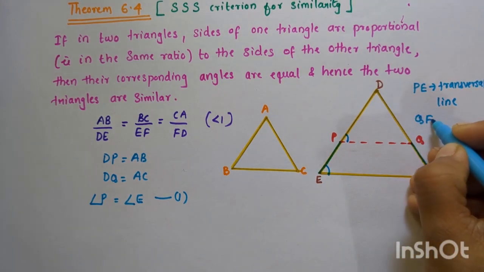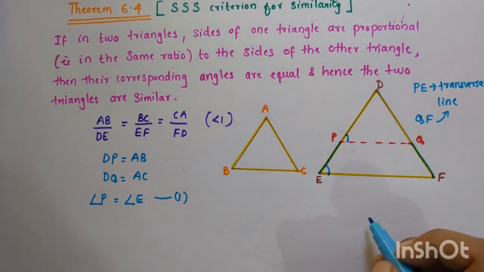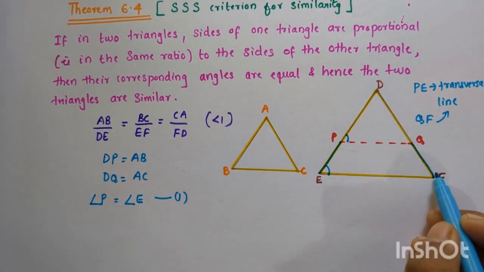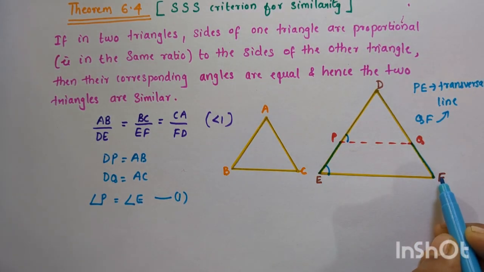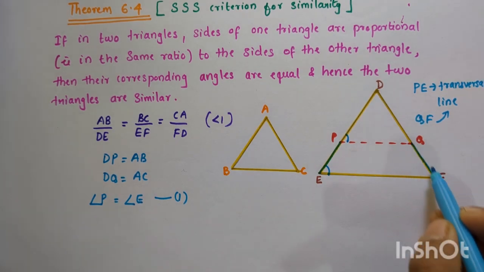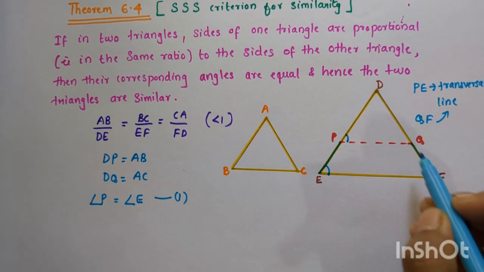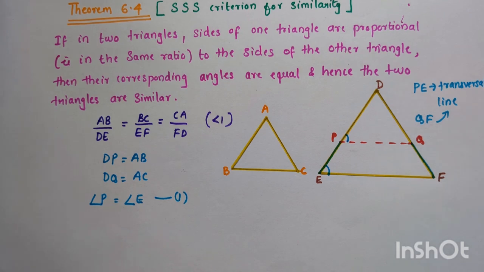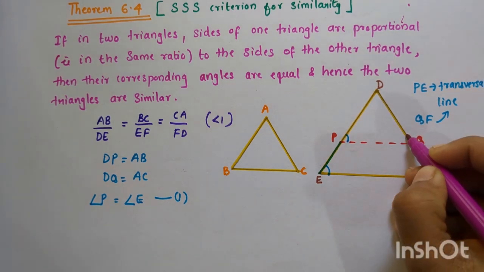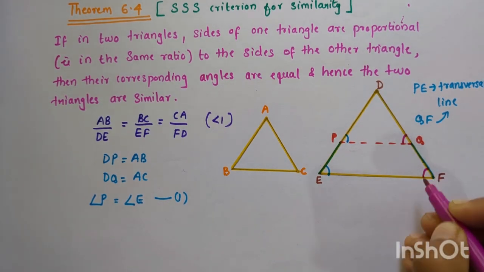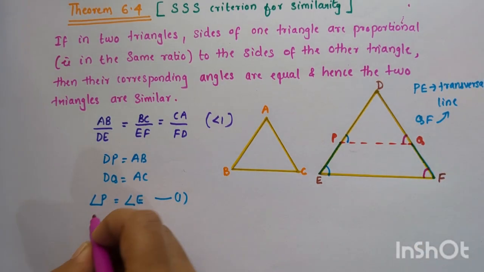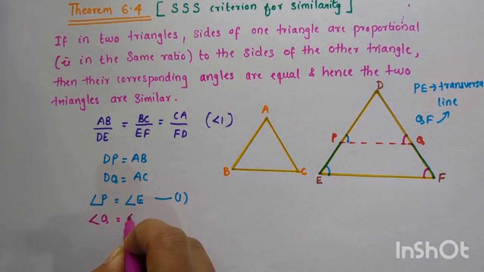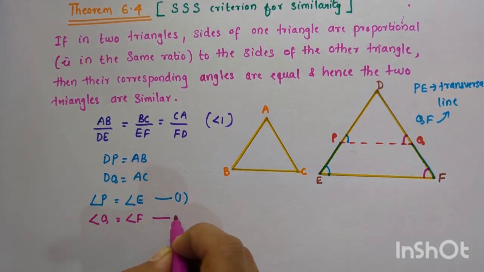This is also a transversal line, because this line QF intersects the other two lines PQ and EF. It creates another pair of corresponding angles, that is angle Q and angle F. These two corresponding angles will be the same. So angle Q will be equal to angle F. I am taking this as 2.